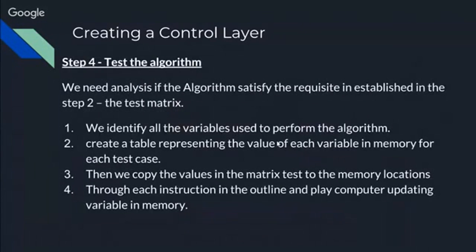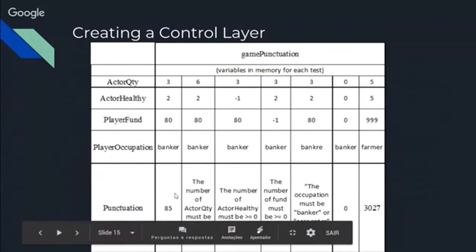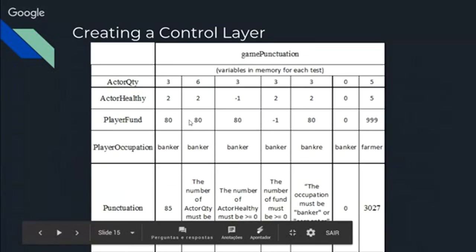In the test case, we have all the variables and all the values that each will take when the function is working, and we will input them during the test. Here we have an example. For example, we have the variables actor quantity, actor health, player found, player occupation, punctuations, which is a variable inside the function also. We will input all the values into it, and see what will be the result when we are processing our function.